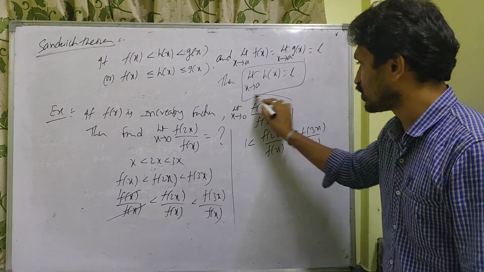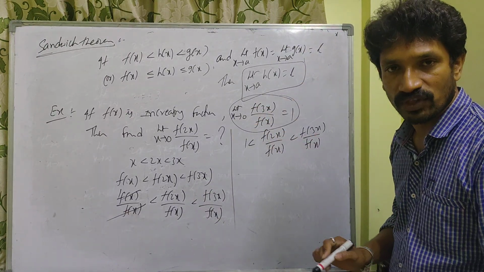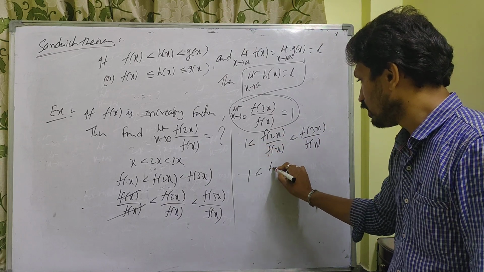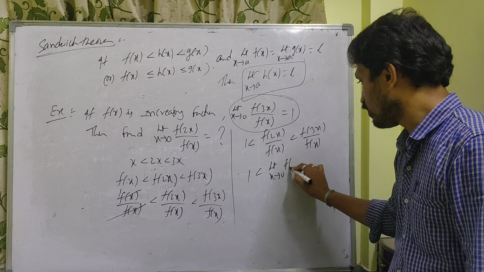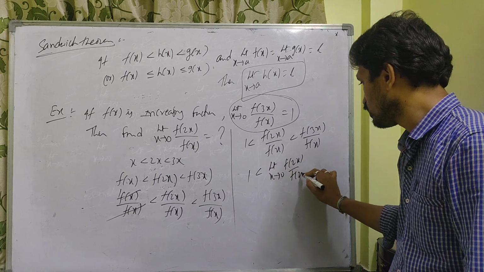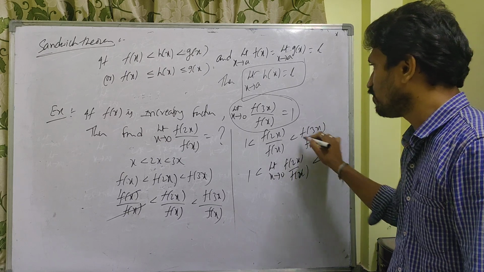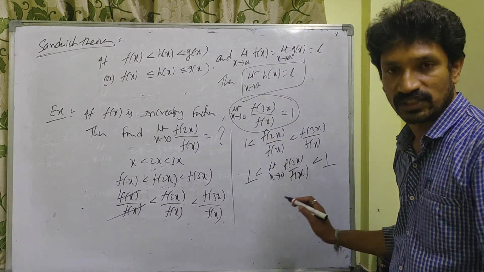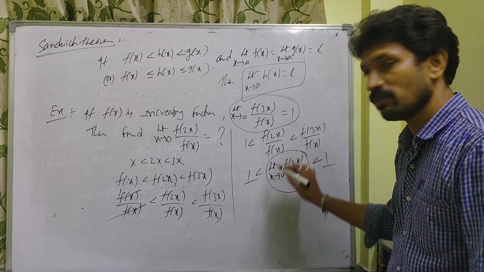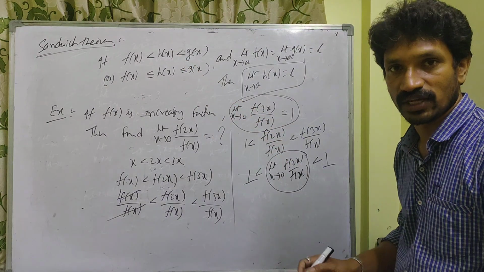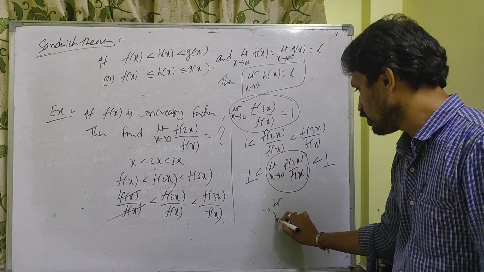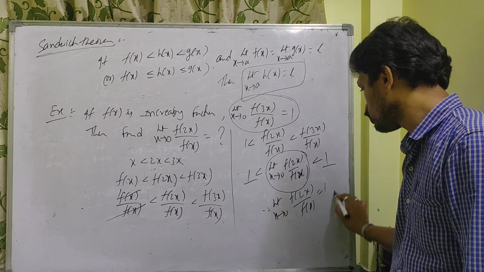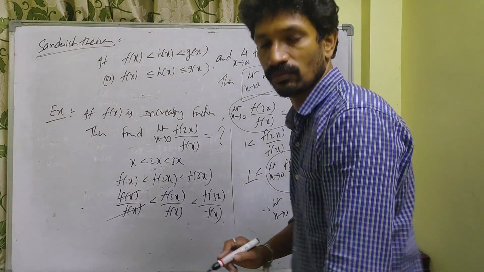As per the given information, limit x tends to 0, f of 3x by f of x value is 1. So 1 less than limit x tends to 0, f of 2x by f of x is less than limit x tends to 0, f of 3x by f of x, which is 1 only. So both extremes are the same value. Then this limit is also equal to 1 according to the sandwich theorem. So what can you conclude? Limit x tends to 0, f of 2x by f of x value becomes 1. Okay, clear?